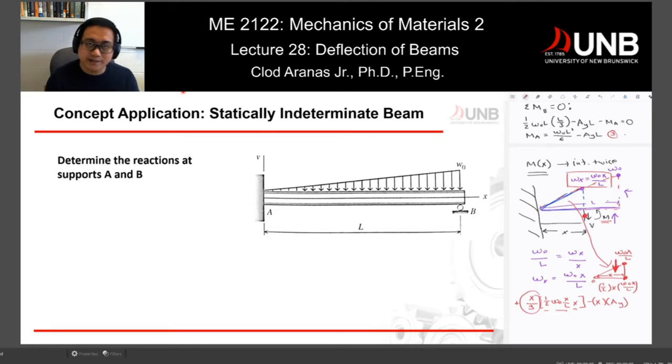So we keep A sub y as A sub y for now. Where's A sub y? At the end of the beam. So we have A sub y at the end of our beam. So that's length x. And that's a negative number because based on our assumption of direction, and you have to be very consistent if you're doing some assumption, and that would give you a negative number.